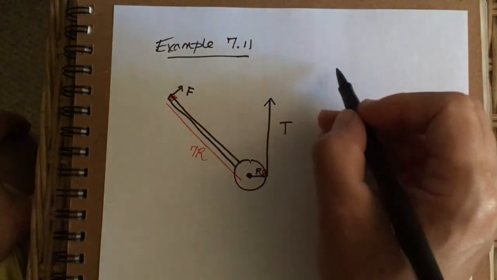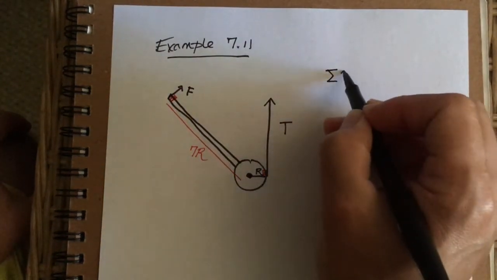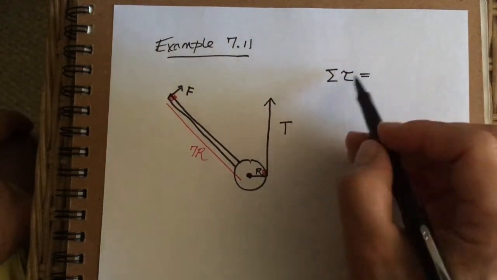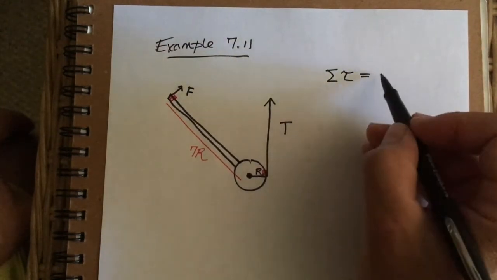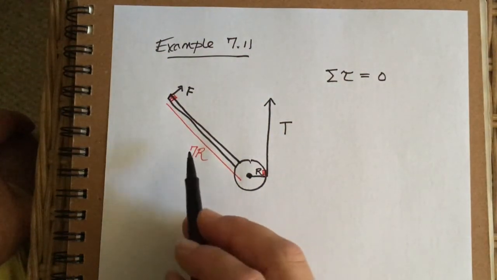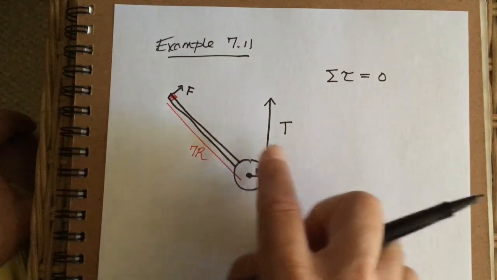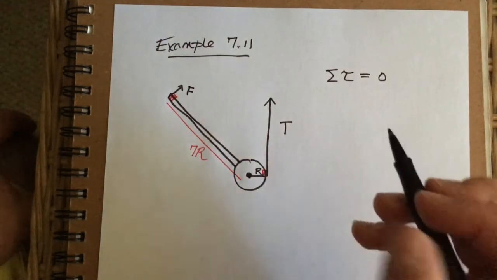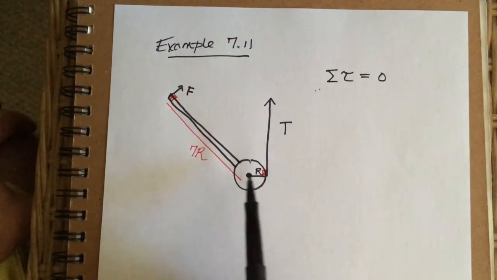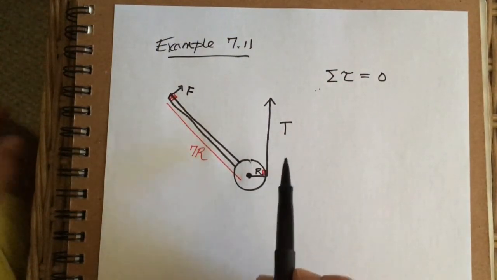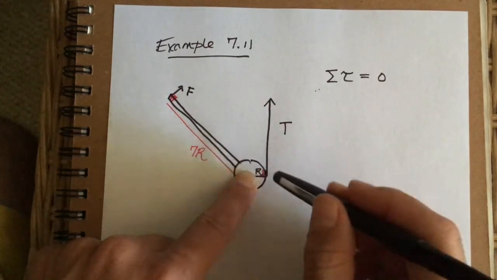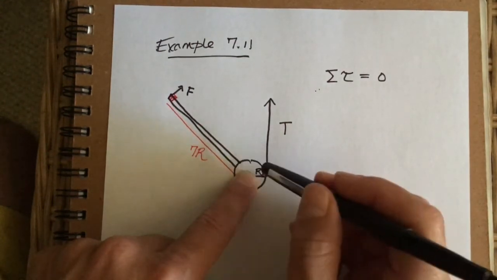But they tell us that the torques have to balance. So there's no net torque. Because of that, we were able to say that the sum of the torques has to equal 0. So we're going to add the torque from F and the torque from T. The torque from T is going to cause this capstan to turn counterclockwise, right?